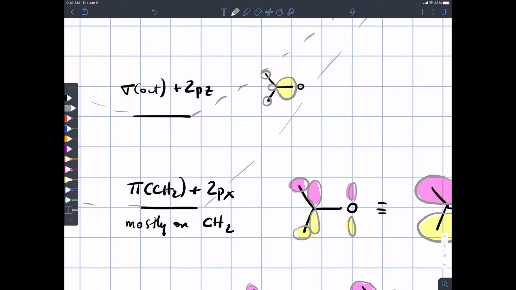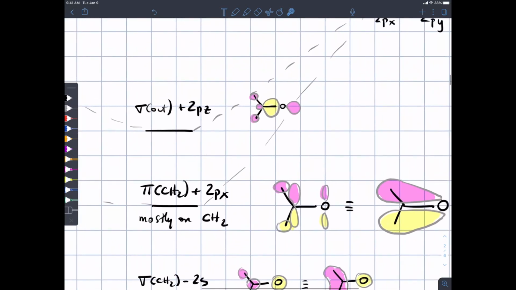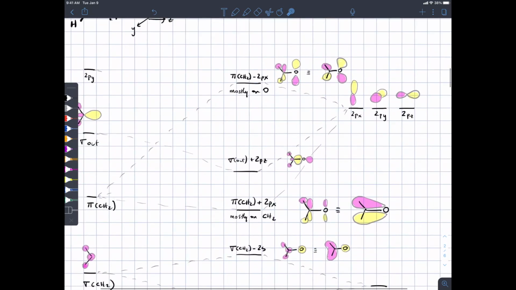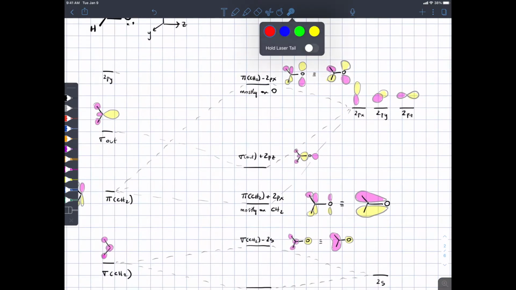A lobe on the back side of that carbon where the carbon overlaps with the CH2 groups, and then another lobe back here on the oxygen, with phase changes, or changes in wave function sign, at the carbon nucleus and at the oxygen nucleus. I don't totally know whether to expect the 2pz orbital to be lower or higher in energy than the sigma out, so I won't worry at this stage about whether this is biased towards one or the other.